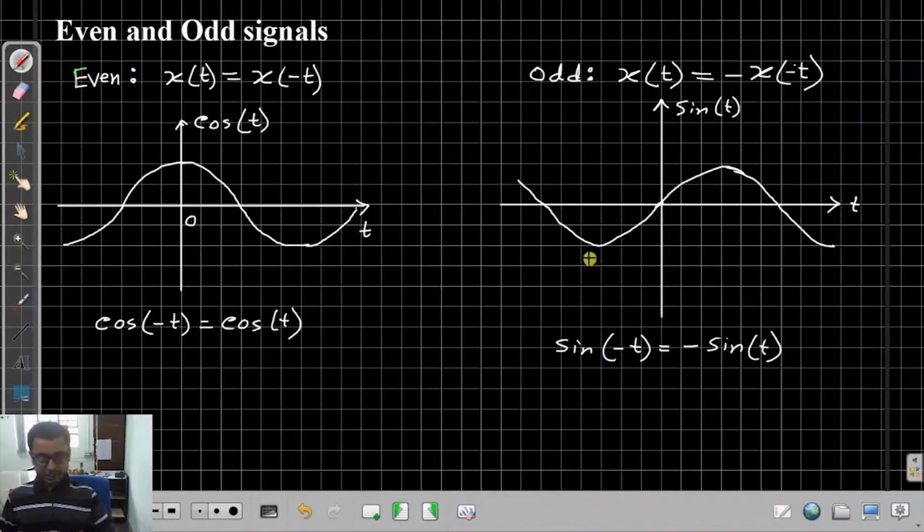Here you see that this function is symmetric but in a peculiar way. You can call it anti-symmetric with respect to the time equal to 0 axis or the vertical axis.